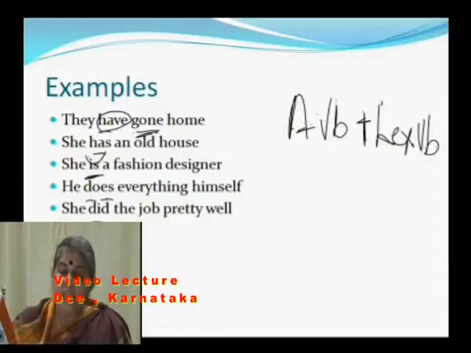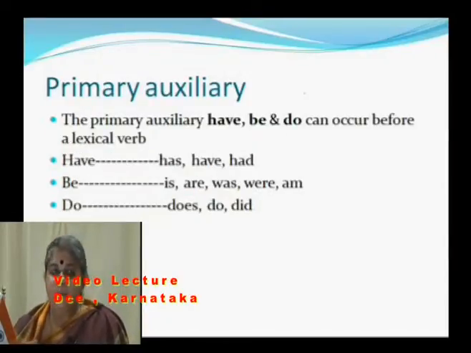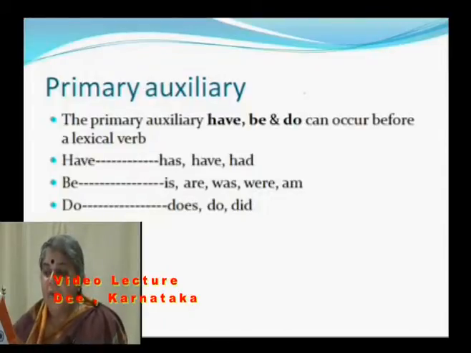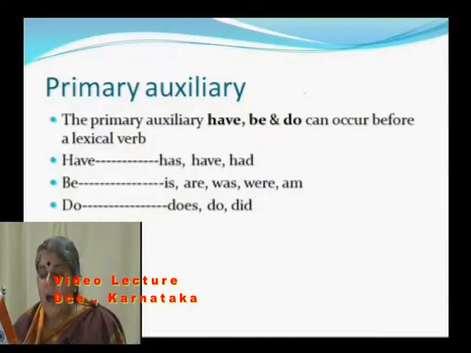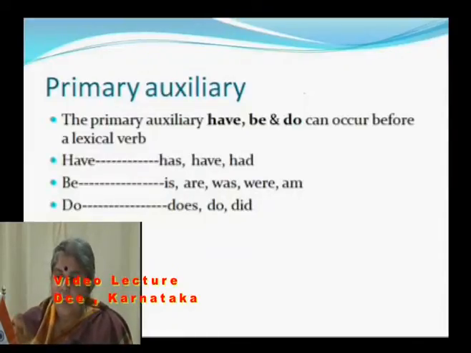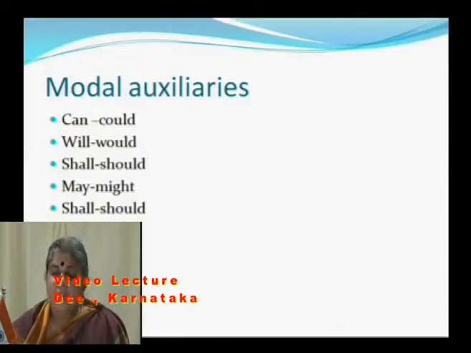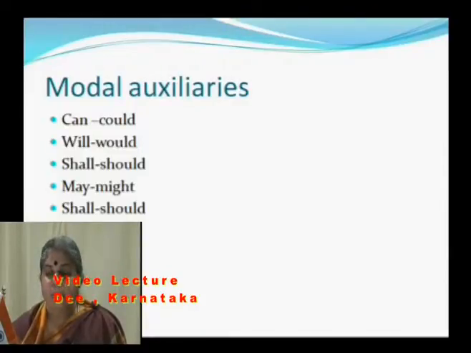So, in order to understand the verbs, first we have to understand the primary auxiliary. Have takes three forms: has, have, had. Be: is, are, was, were and am. Do: does, did. These are the primary auxiliaries. Now, let us take the modal auxiliaries.